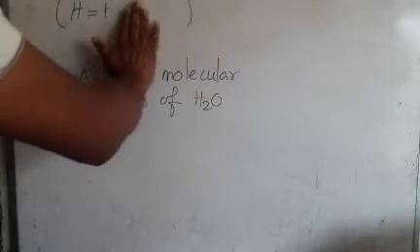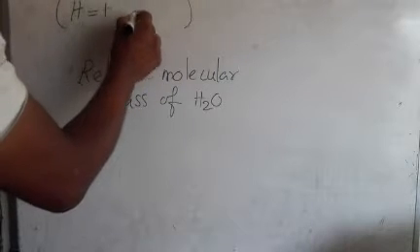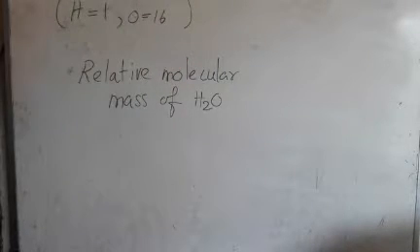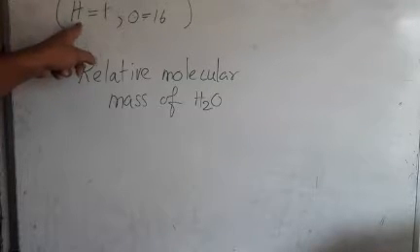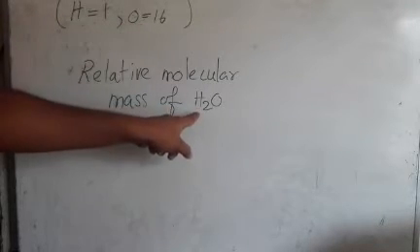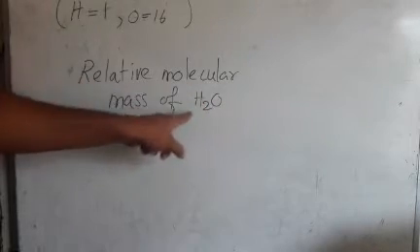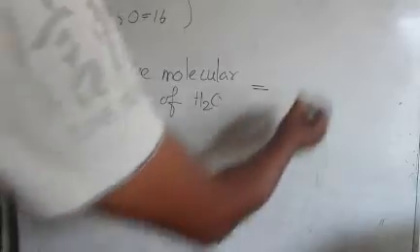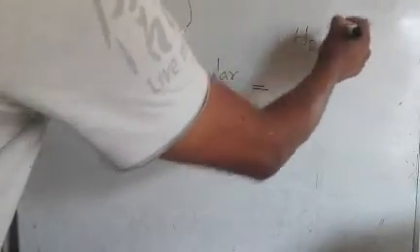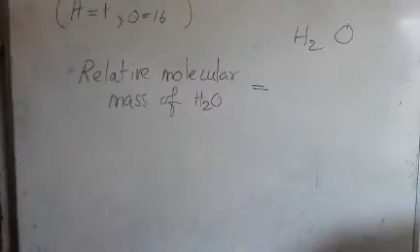Now here the relative molecular mass of water is going to be found. We are given the relative atomic masses of hydrogen and oxygen, and we know the molecular formula. So here you can see that there are two hydrogen atoms.